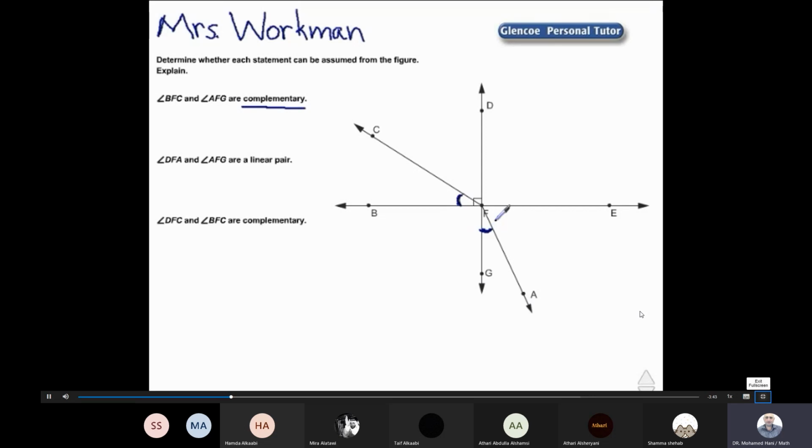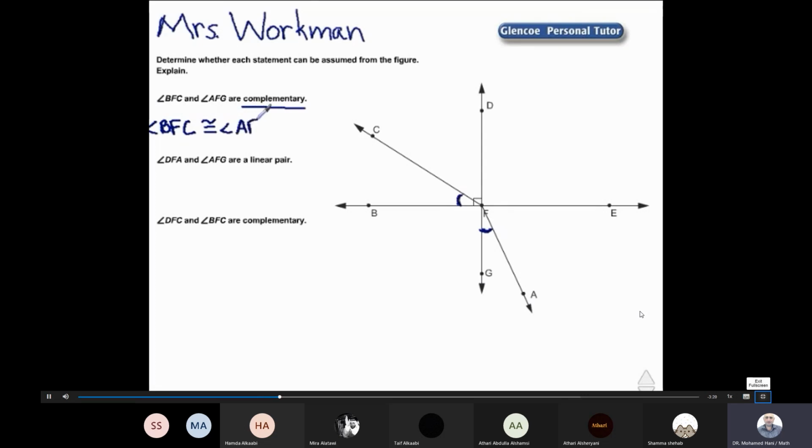What do we know about these two angles? Well, because they both have the single angle mark, we know that these two angles are congruent. Angle BFC is congruent to angle AFG.